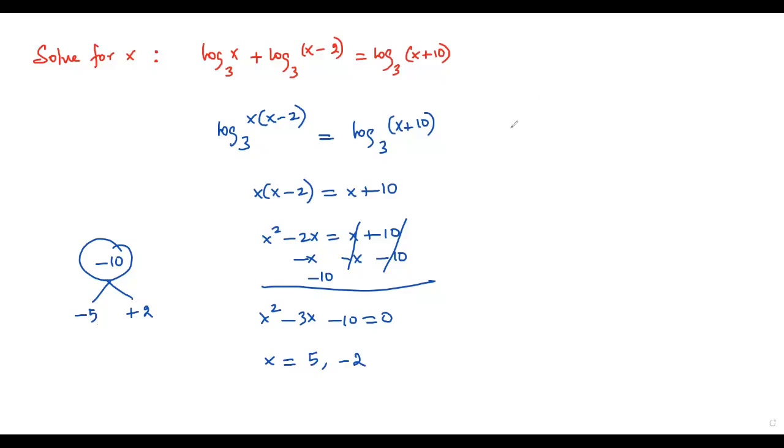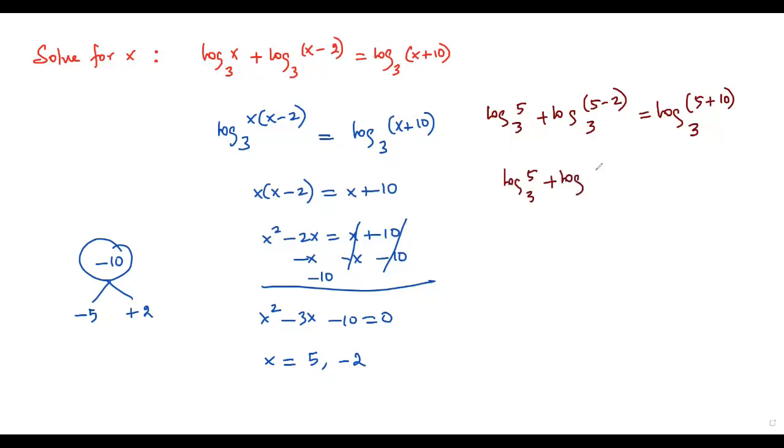That is x equals 5. I plug x equals 5 into the given logarithmic equation. I get log of 5 to the base 3 plus log of (5 - 2) to the base 3 equals log of (5 + 10) to the base 3. So log of 5 plus log of 3 equals log of 15, all to the base 3.